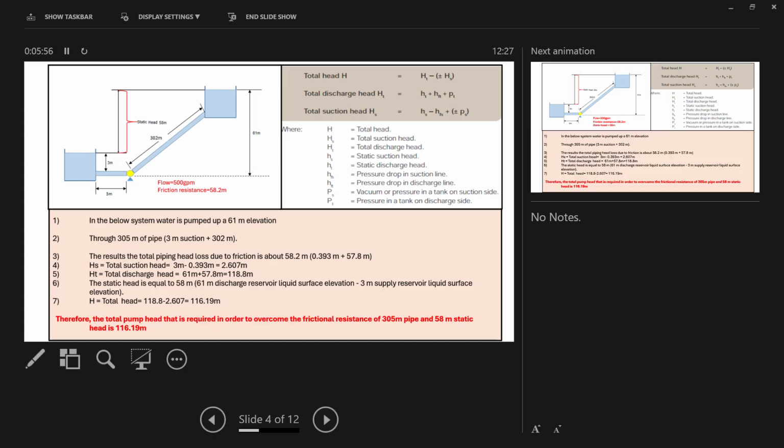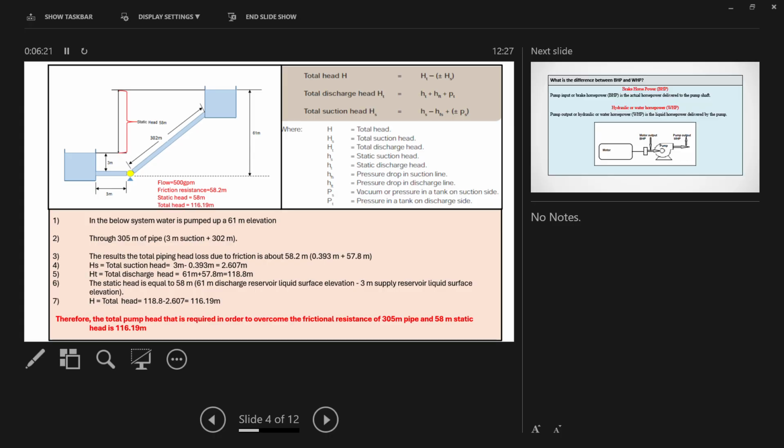When the flow takes place, there will be a frictional pressure drop, and that is equal to 58.2. And the static head we have explained earlier, that is 61 minus the suction head of 3 meters, that is 58 meters. 61 minus 3 is equal to 58, and now the total head is equal to 116.19.